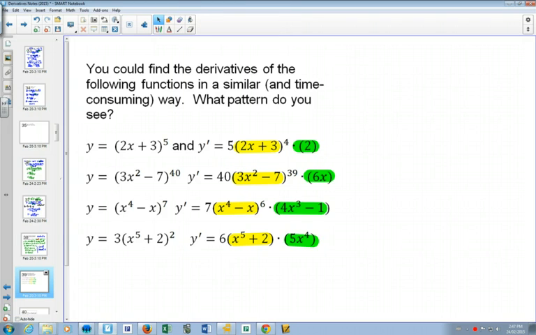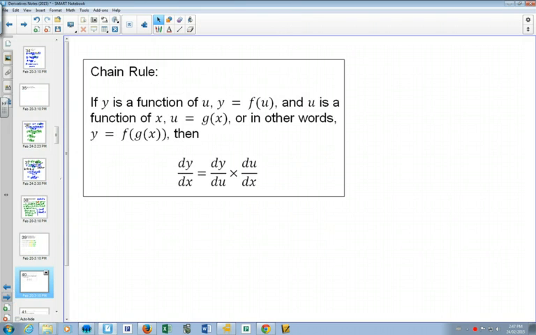And that is, do I have more examples? No. That is the chain rule. This is how you write out the chain rule.